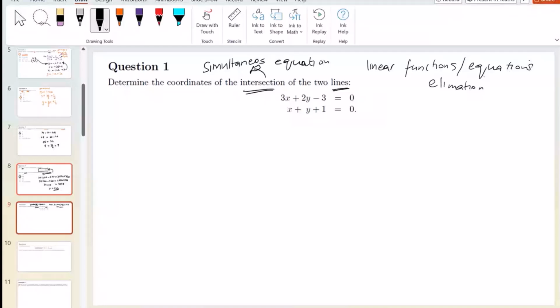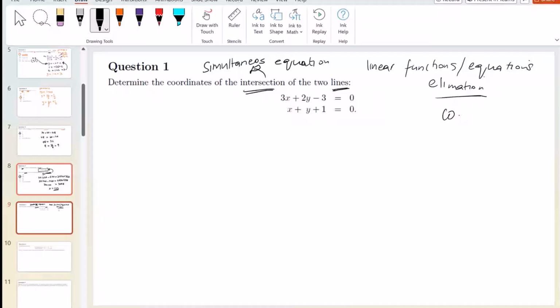When you do elimination, you need to choose one of the variables and make the coefficients the same for whichever one you want to eliminate. Let's say we want to eliminate x.